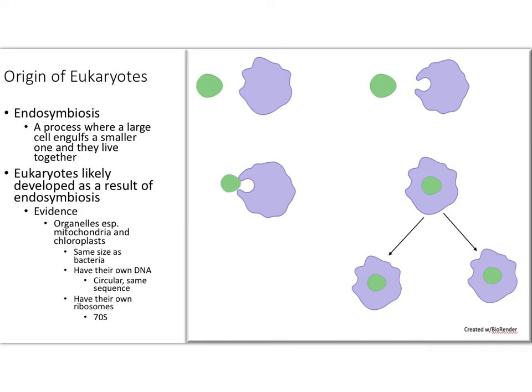So as a reminder, the size of the prokaryotic ribosomes is 70S, and that actually happens to be a different size than eukaryotic ribosomes. We'll get to talking about the size of eukaryotic ribosomes on a future slide, but just for now, this is the information you want to focus on for this slide.